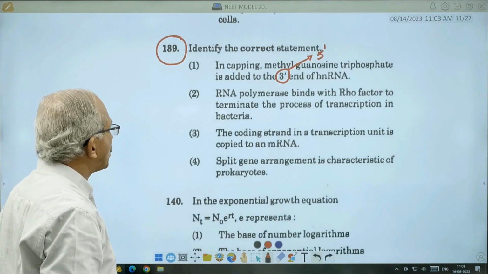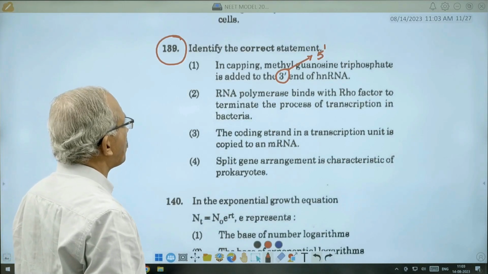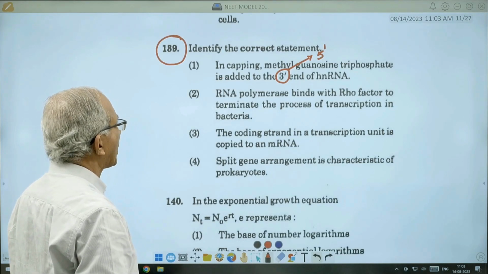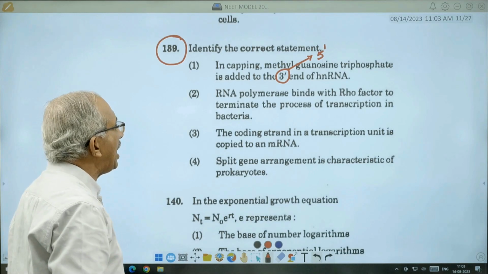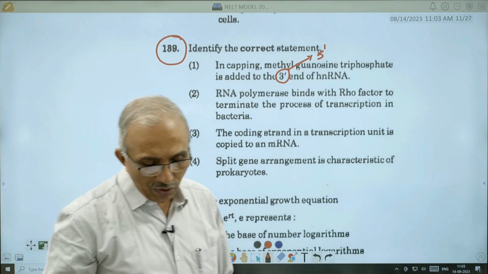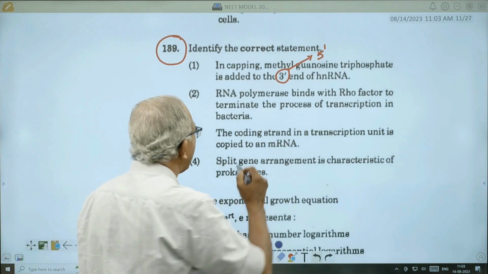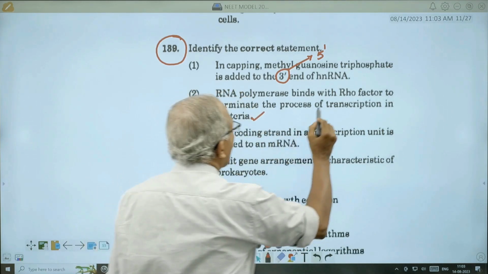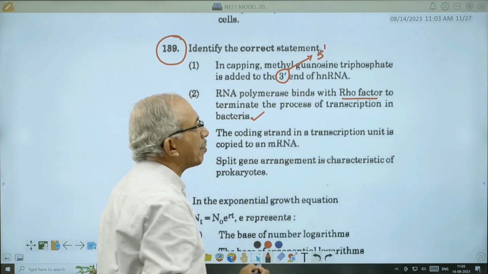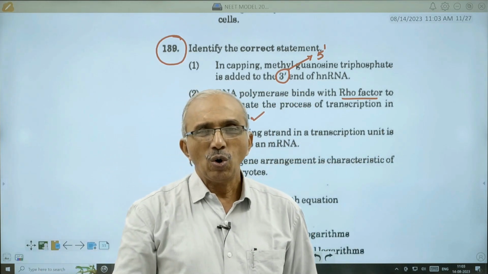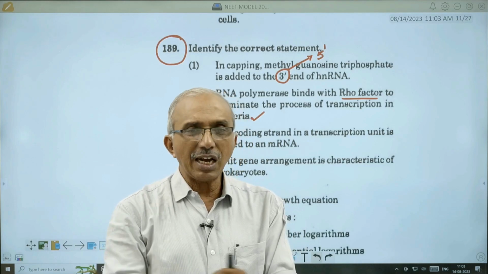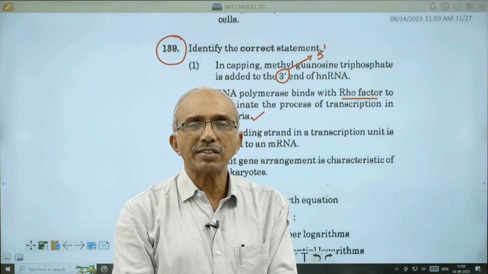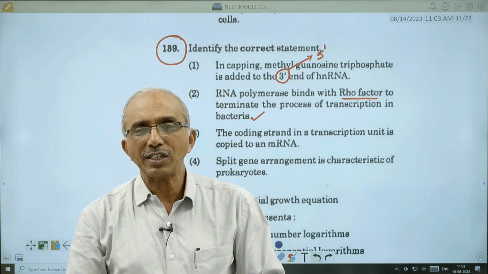Second one: RNA polymerase binds with the rho factor to terminate transcription in bacteria. Correct. Rho factor is the termination factor and sigma factor is the initiation factor.